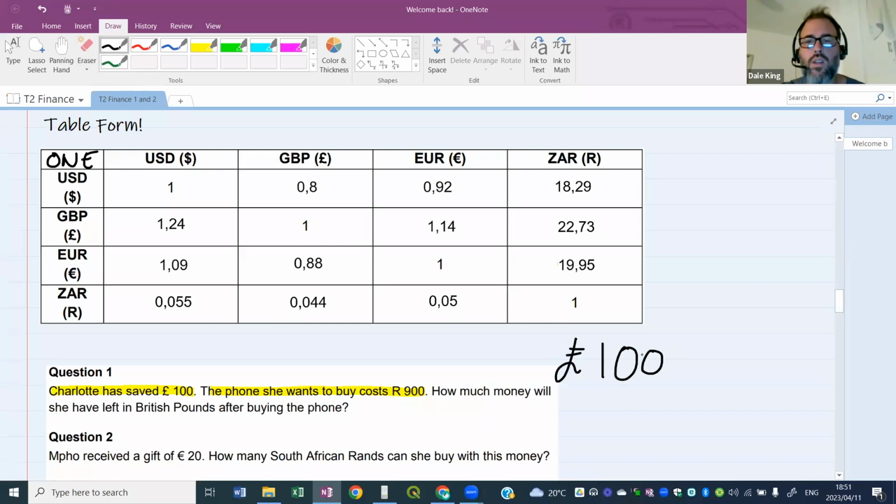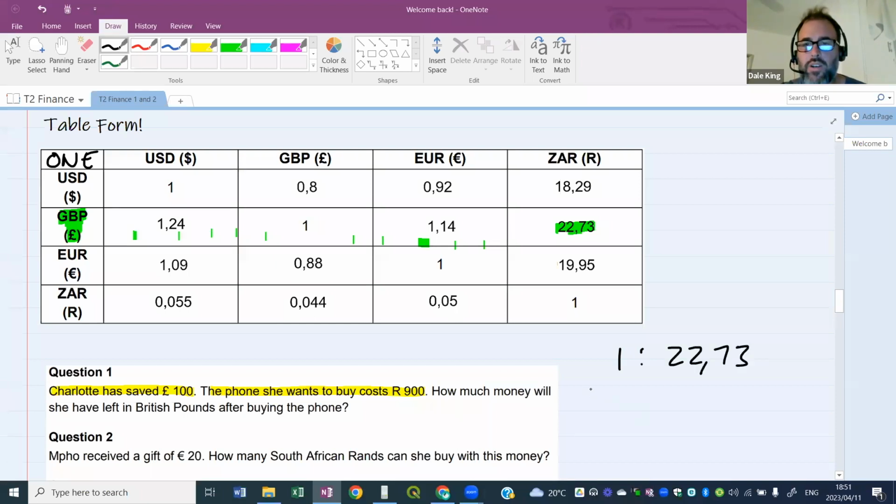We're going to use the exchange table here. We take our pounds, which is here on the left, £1, and we go all the way across to the rands, and we can see there are 22,73 rand. So £1 is 22,73. I'll write the ratio out for you: 1 is to 22,73.